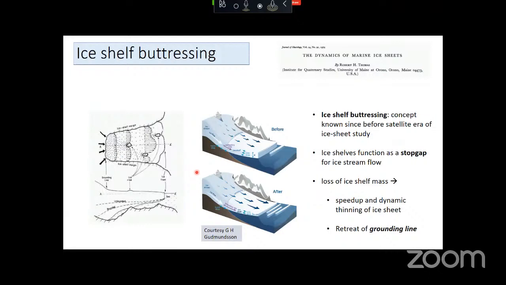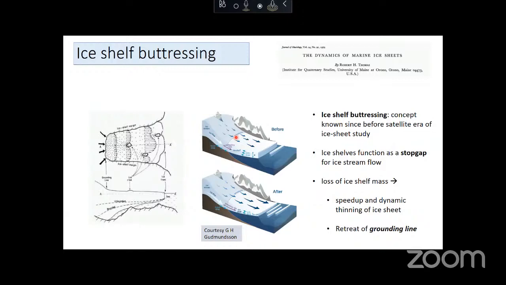So the loss of this stopgap can cause speeding up of ice from the ice sheet into the ocean. And along with that speeding up, thinning often occurs. Imagine a piece of putty in your hands, when you stretch it, it also gets thinner. Well, that's what happens at the margin of the Antarctic ice sheet when acceleration occurs, especially acceleration induced by loss of ice shelves.